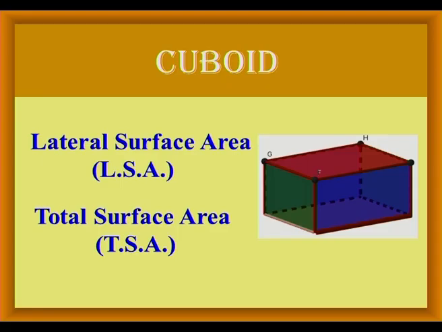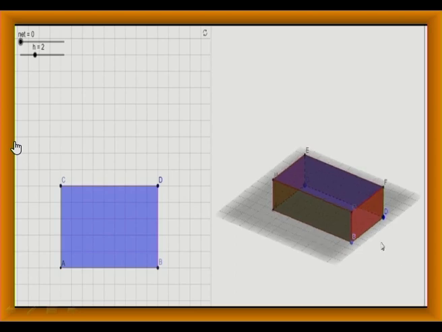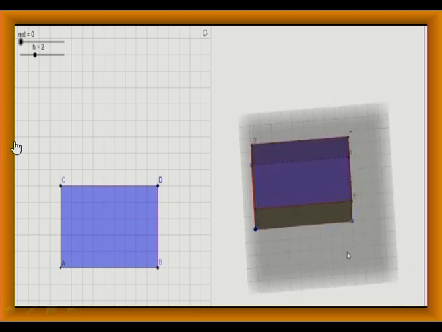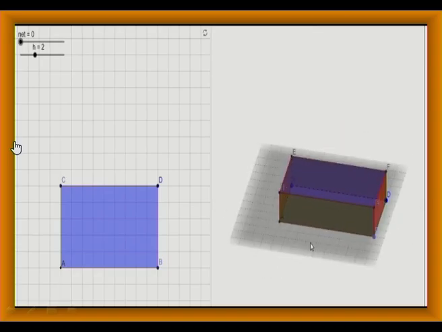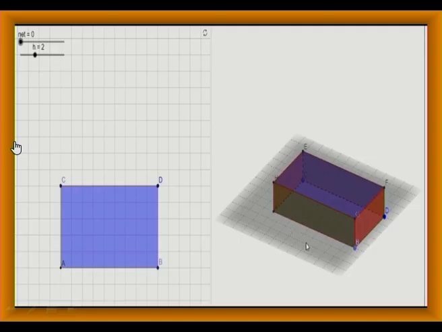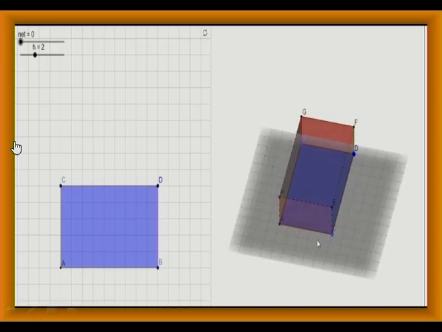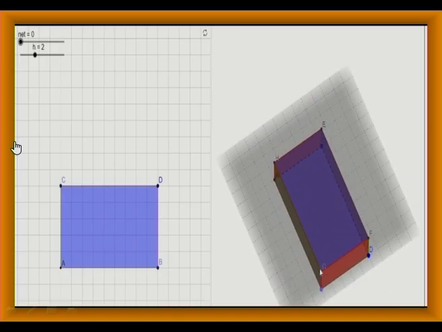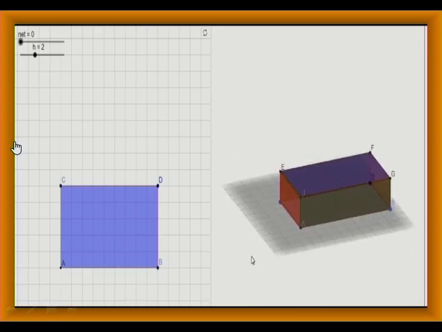Now, how do we find these areas? Let us see. Observe the screen. On the right hand side you can see a cuboid which has 6 faces and all are rectangles, and here you can see that there are 2 green colored faces, 2 red colored faces and of course 2 blue colored faces, and the 2 blue colored faces are bases and red colored and green colored are lateral surfaces.